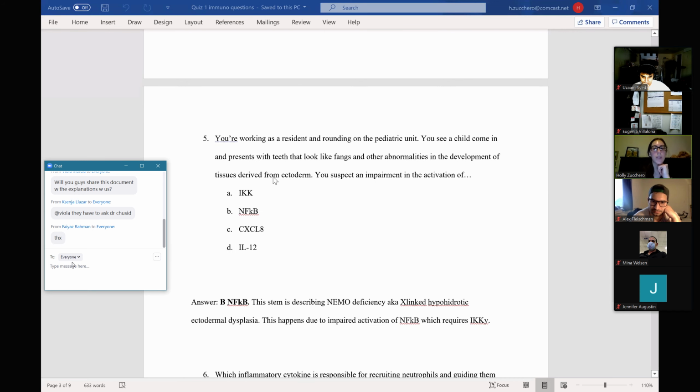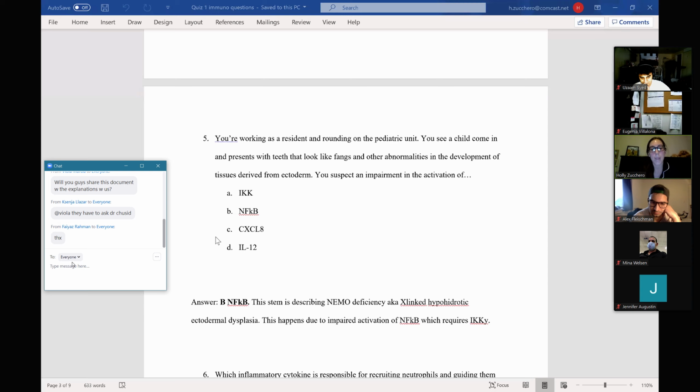Question 5, you're working as a resident and rounding on the pediatric unit. You see a child come in and presents with teeth that look like fangs and other abnormalities in the development of tissues derived from ectoderm. You suspect an impairment in the activation of. So this could have been a tricky question.